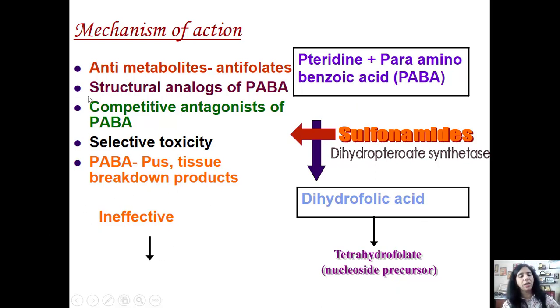So in an environment like this, the sulfonamides are rendered ineffective because they are structural analogues of PABA and they are competitive antagonists of PABA also. So if PABA is more, then they will not be able to inhibit the dihydropteroate synthetase. I told you competitive antagonism is always surmountable and is reversed by increasing the concentration of the agonist. So they are competitive antagonists.